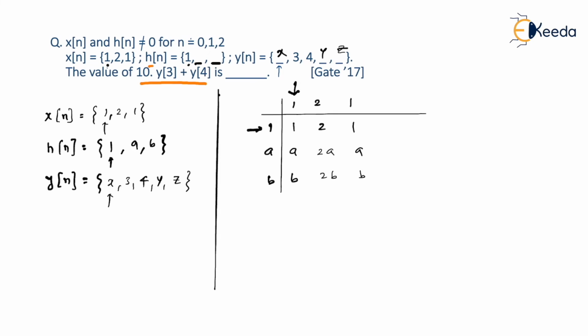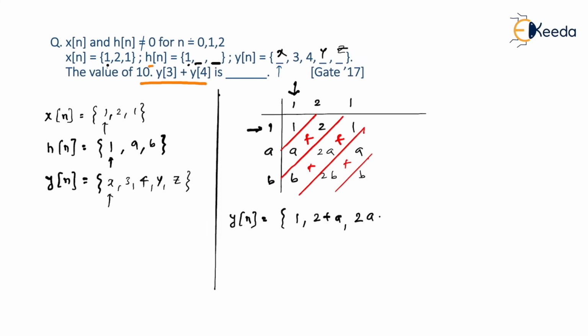Mark the diagonals now. So y of n can be written as 1 comma 2 plus a comma 2a plus b plus 1 comma a plus 2b comma b. Is that right?